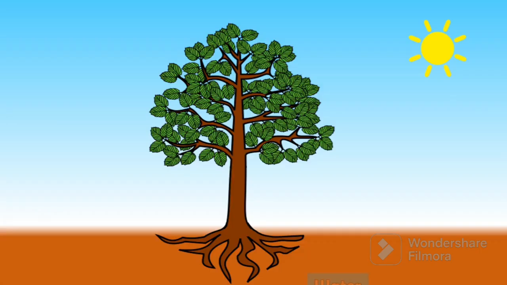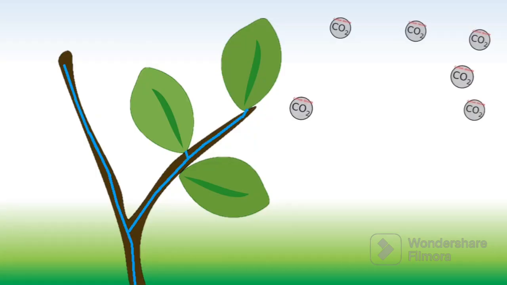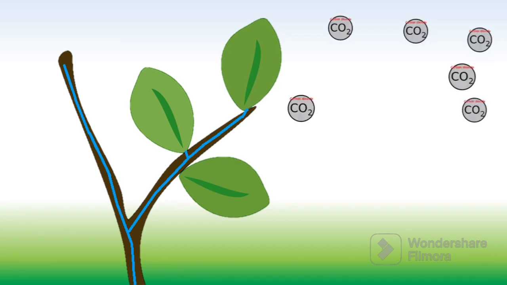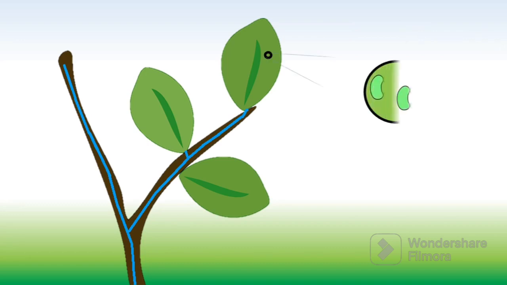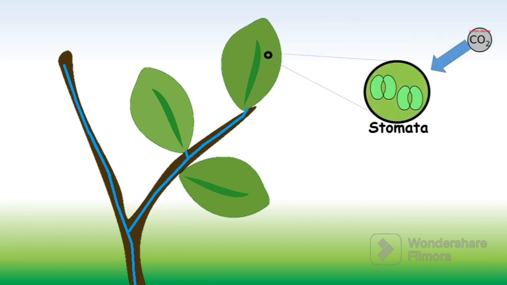Water is absorbed by the roots and carried to the leaves by a special tissue called xylem. Carbon dioxide present in the air is absorbed by the leaves. Leaves contain minute pores called stomata. Carbon dioxide is taken in by the leaves through these pores.